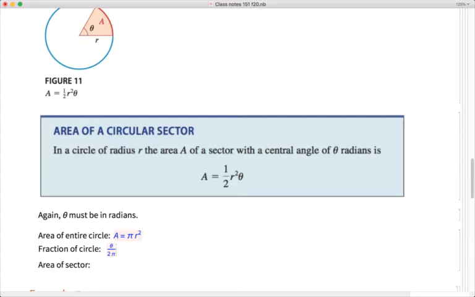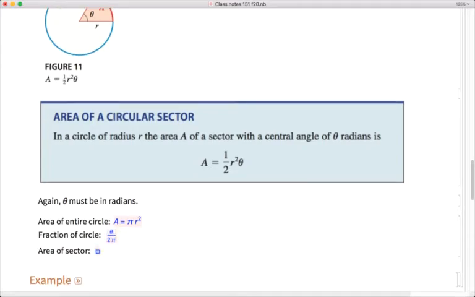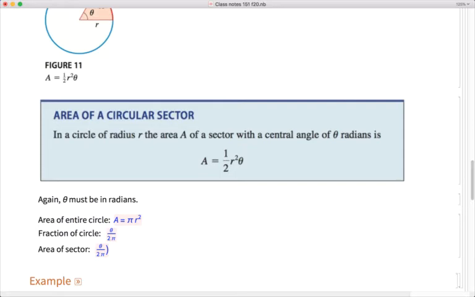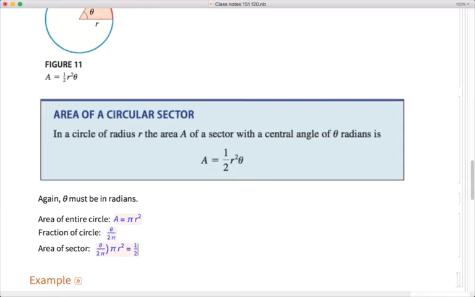And then the area of the sector is going to be the fraction of the full area of the circle, 1/2, and of course it's going to match the formula that's given in the box. But it's also a way that you might rederive this formula if you happen to forget it. The pi's cancel, the 1/2 remains, and the theta remains.